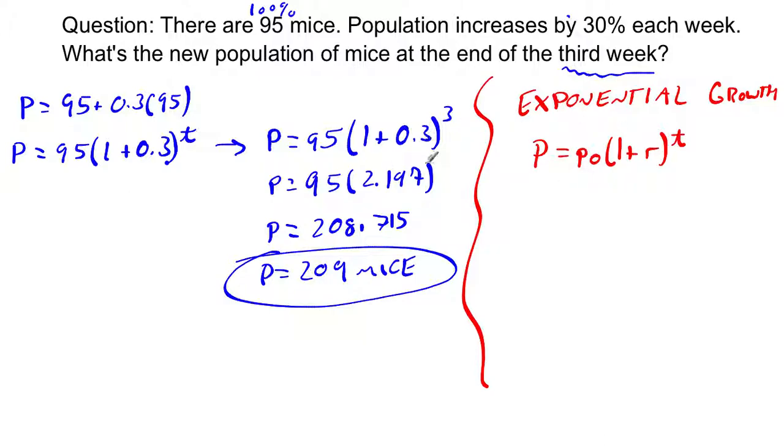Here we have a rate of 30%, so we always want to write that as a decimal. And then t is time, so after how many weeks? Now if it's a decrease, the only thing that's going to change is this. So if we have population decreases each week, this would be a minus r because it's a negative rate. But everything else is just going to stick with this.